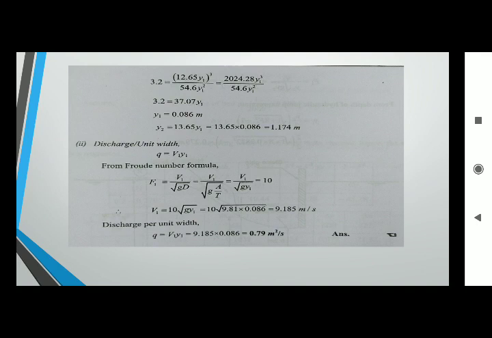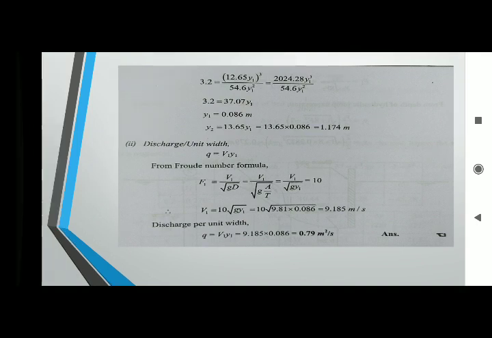If you solve some previous year university question papers, you will get a clear idea about hydraulic jump. And if you have any doubts, you can refer to books, R.K. Bansal or Subramanian, Open Channel Flow by Subramanian, or Fluid Mechanics by R.K. Bansal. You will find a lot of problems on hydraulic jumps.